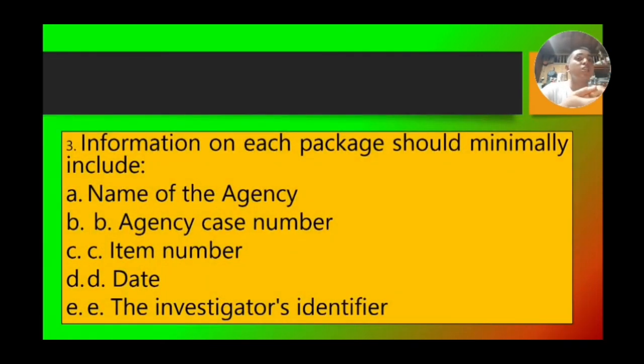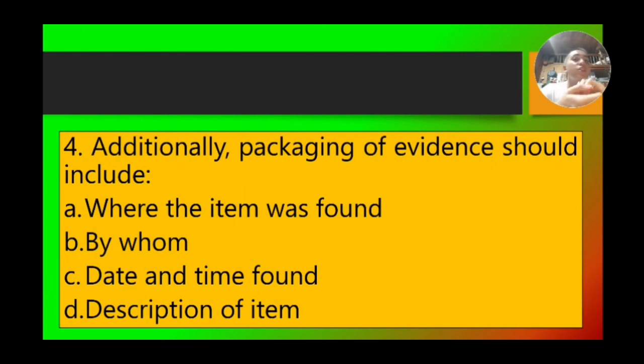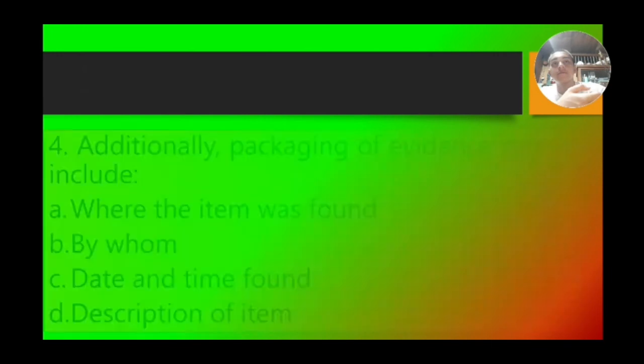Information on each package should minimally include name of the agency, agency case number, item number, date, and the investigator identifier. Additionally, packaging of evidence should include where the item was found, by whom, date and time found, and description of the item.